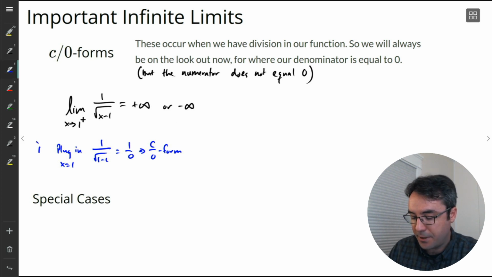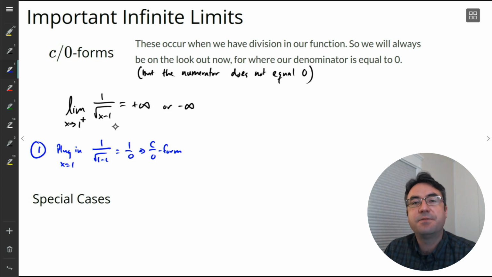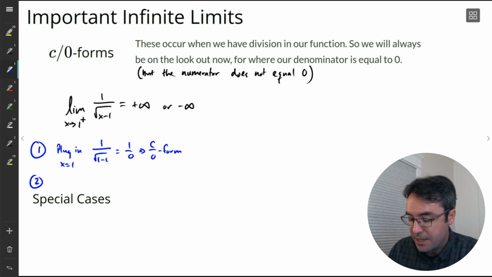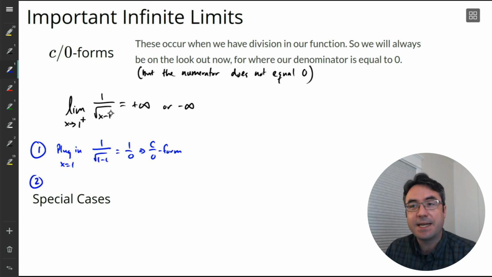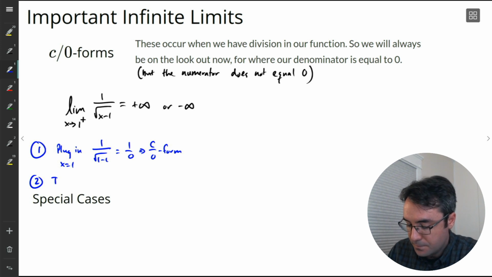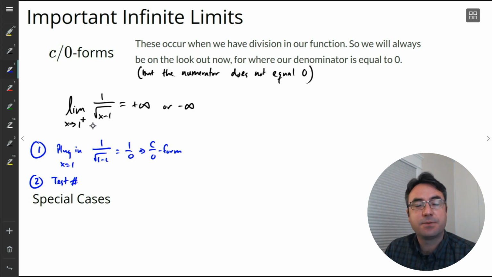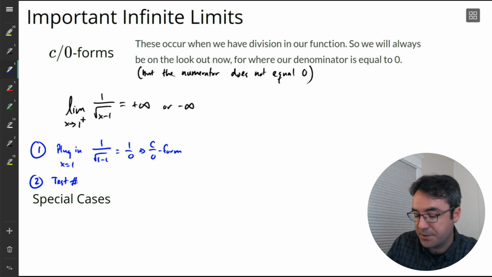So the first step for calculating these infinite limits is to identify that you have a C over 0 form. And then second, you have to use a test number to decide, is it positive or negative? So in this case, x is approaching 1 from the right. So we're getting closer to 1 with slightly bigger numbers.